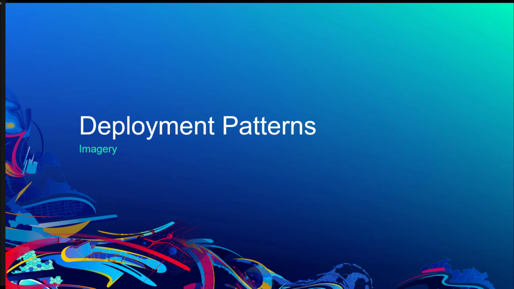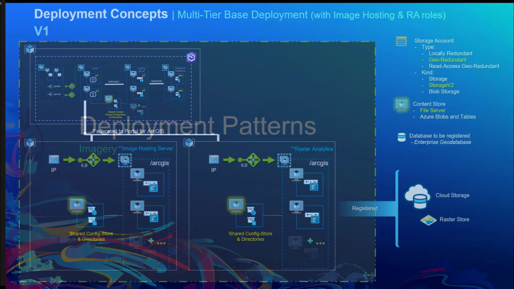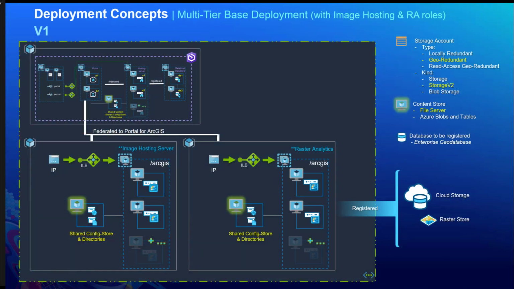Let's take a look at an example of a deployment of a server role. Let's start with something like imagery. In the version 1 architecture, you would have different endpoints for the base deployment or your hosting server, and you'd have additional endpoints with unique host names for the image hosting server and another for the raster analysis server.